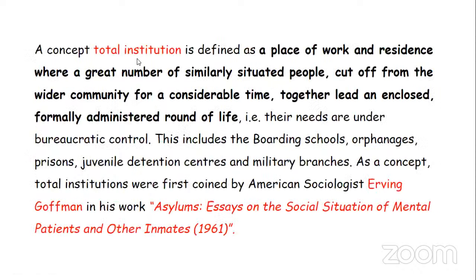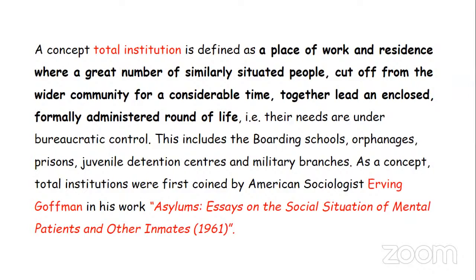The concept of total institution we can define as a place of work and residence where a great number of similarly situated people, cut off from the wider community for a considerable time, together lead an enclosed, formally administered round of life. That is, their needs are under bureaucratic control.